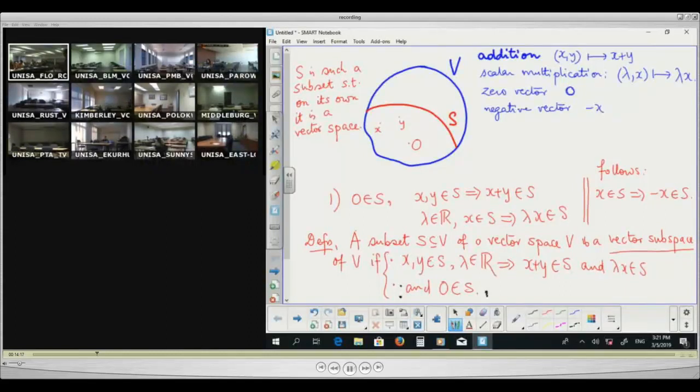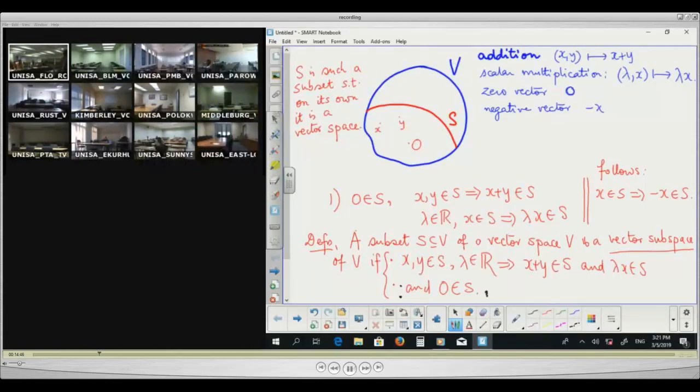Then the hypothesis part is vacuously true. Right? There's nothing in S. So this is vacuously true. Therefore, the implication statement is always true. So for the empty subset, the first condition is always satisfied.